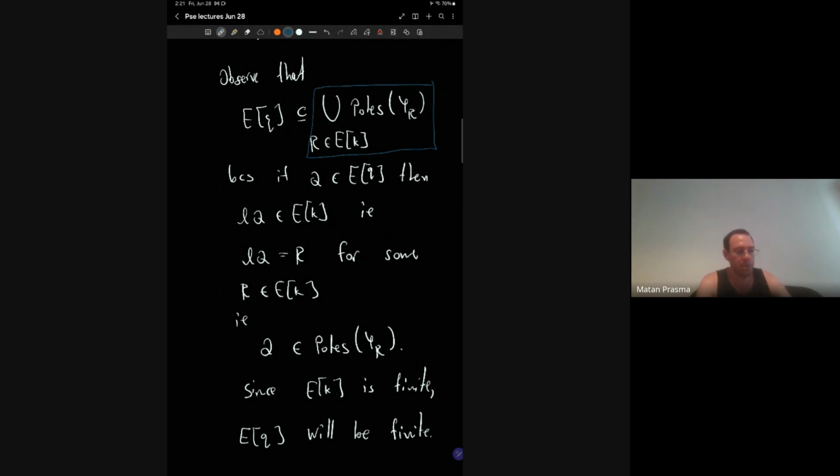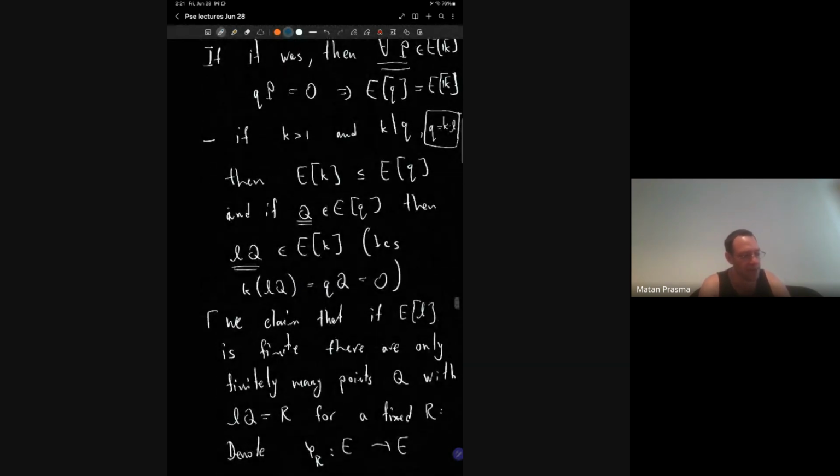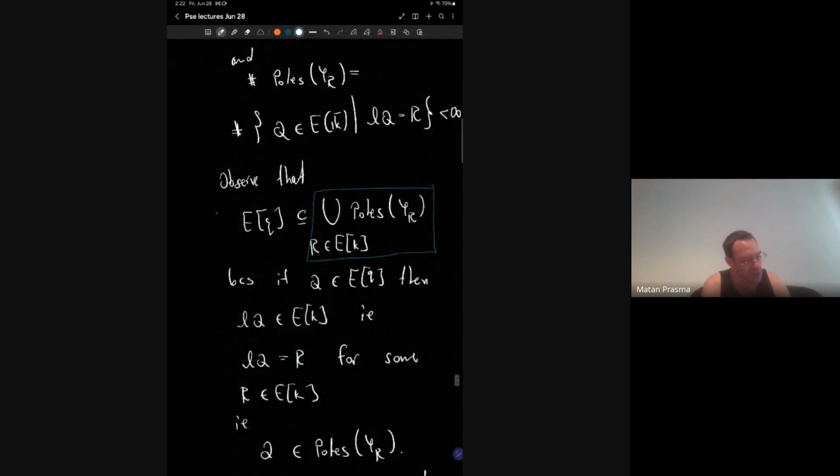Is this point clear? So what I'm saying is that if Q is not prime, and I pick some divisor of Q, then I get that EQ is contained in a finite union of finite sets, so it has to be finite. Is this point clear?